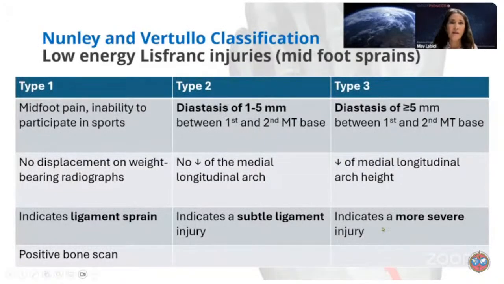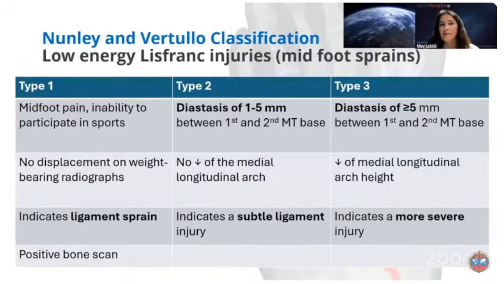Now, this is the final classification that I'm going to mention, the Nunley and Vertullo classification, and it is basically for low energy. It's more for a sprain, and indicates the injury of the Lisfranc ligament itself. So type 1 indicates a ligamentary sprain.